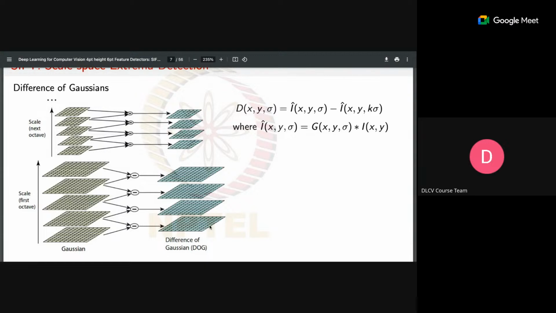We have multiple. So the next step also we will be doing on multiple. So you will be getting multiple key points in your image depending on the value of k, depending on the value of the scale.